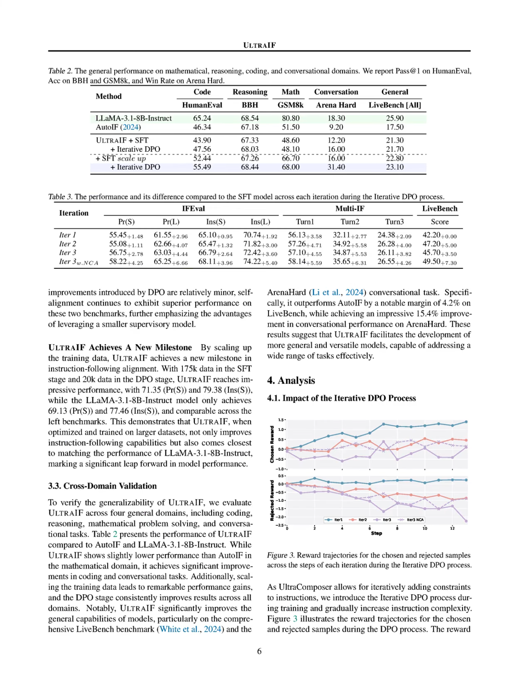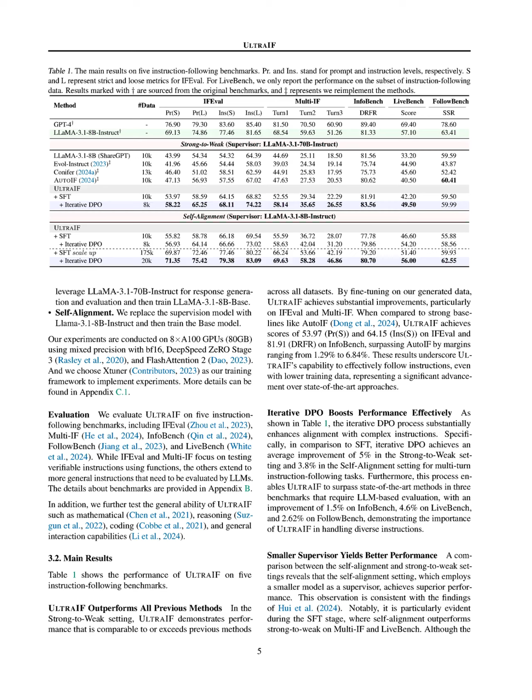The evaluation metrics included precision scores, PRS, and instruction scores, INS-S, with ULTRAIF achieving notable improvements over existing methods, such as scoring 53.97 PRS and 64.15 INS-S on IFEval, surpassing the baseline AutoIF by margins of 1.29% to 6.84%.